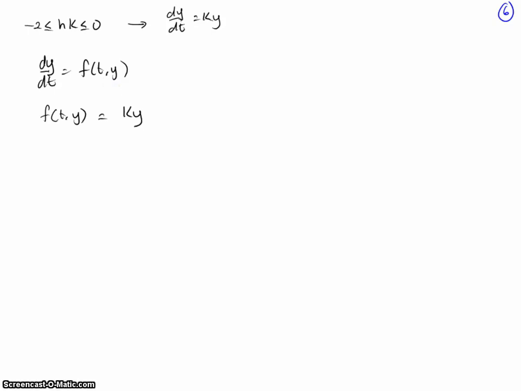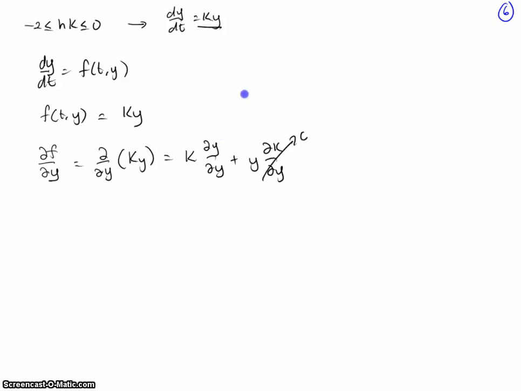From using the chain rule, we can see that the partial derivative of f with respect to y is basically the partial derivative of the right hand side, ky, with respect to y. If you differentiate this, it is going to give you k dy/dy plus y dk/dy. Because k is a constant, this becomes 0, and dy/dy gives you 1.